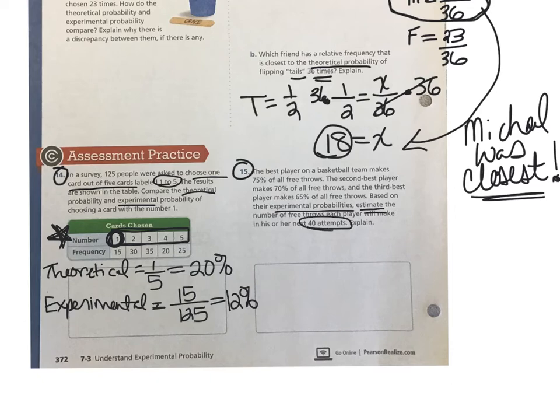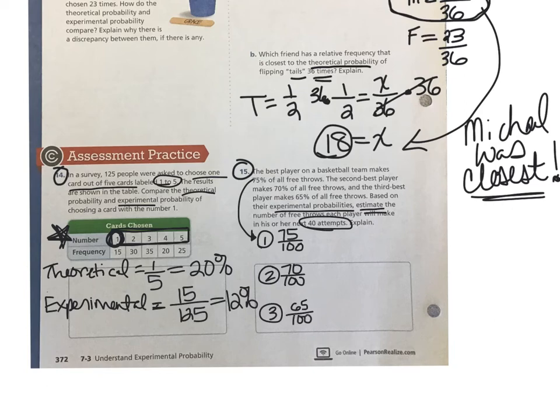So in other words, when we see these probabilities listed as percentages, and I'm going to label these players number 1, number 2, and number 3, we can use that percentage and change it into a ratio out of 100. So player number 1, 75% means 75 out of 100. Player number 2 would be 70 out of 100, and player number 3 would be 65 out of 100.